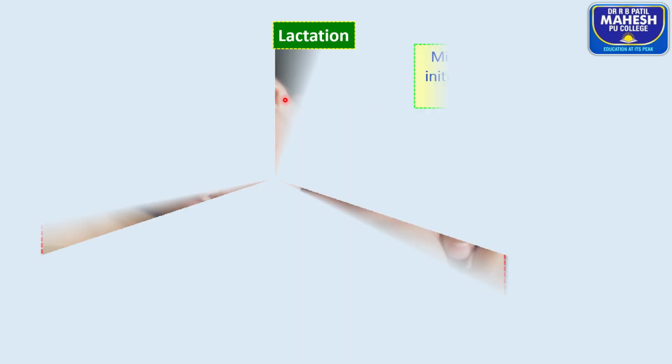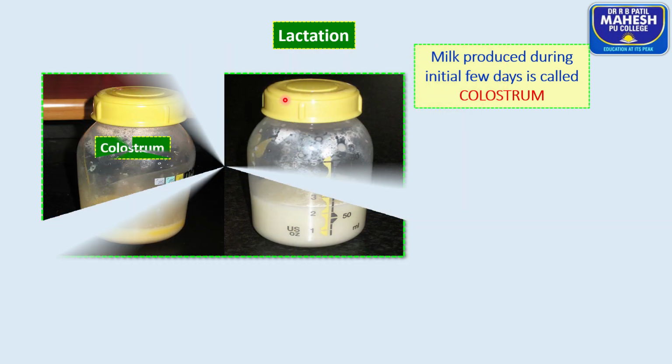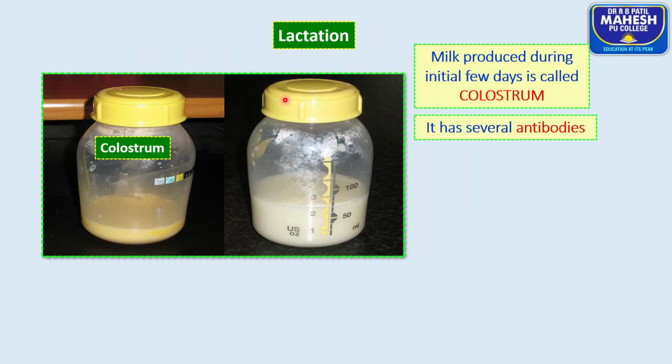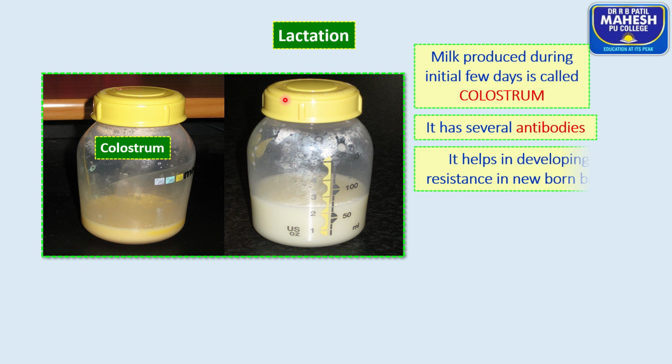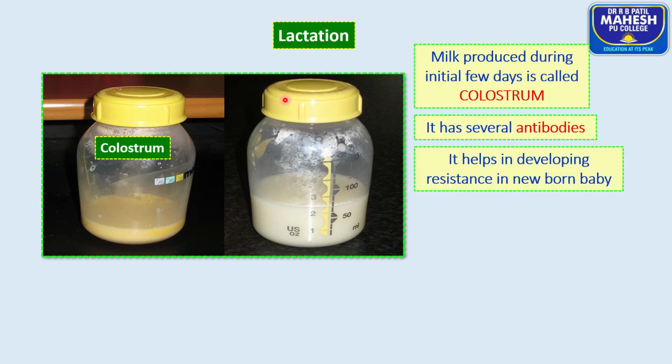The milk produced during the initial few days is called colostrum, which is rich in antibodies. These antibodies provide resistance to the newborn baby, or provide passive immunity to the newborn.